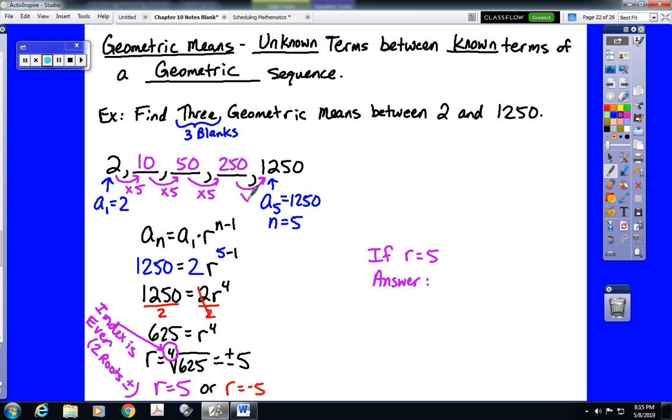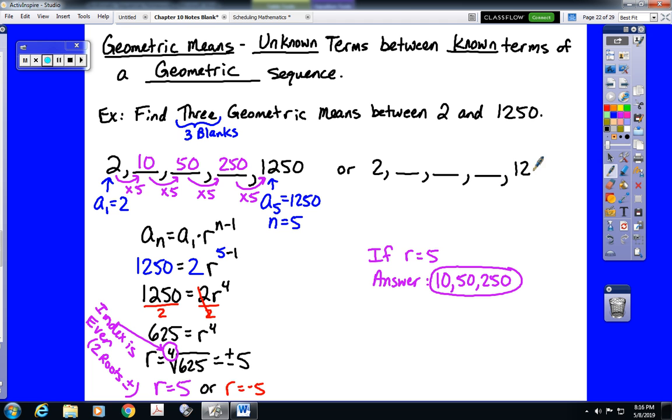And again, the quickest way to check is to see, is 250 times 5 1,250? The answer to that would be yes. So our first answer would be 10, 50, and 250. Those are one set of 3 geometric means between 2 and 1,250.